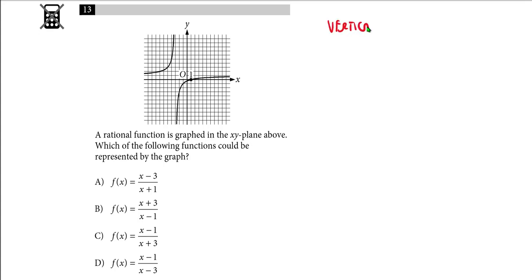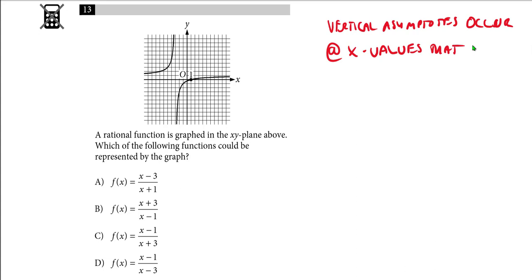Vertical asymptotes occur at x values that make the denominator of a function equal 0.